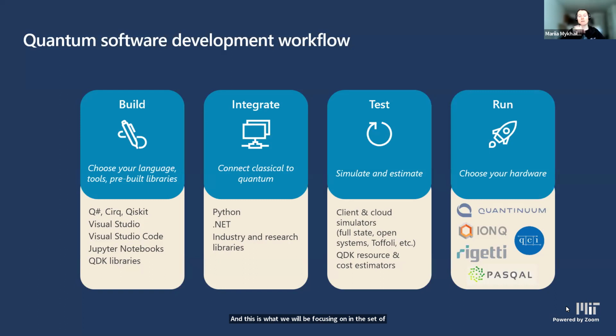And then once you have gone through all these loops and finally optimized your algorithm to the point at which it is fast enough and small enough to run on hardware, the last step is running it on hardware. Again, for general purposes, Azure Quantum offers you hardware provided by multiple partners.